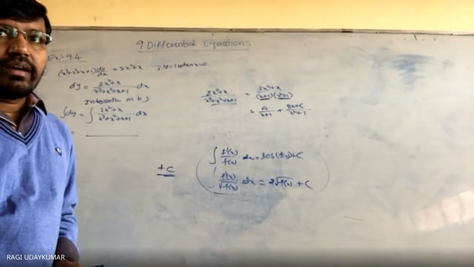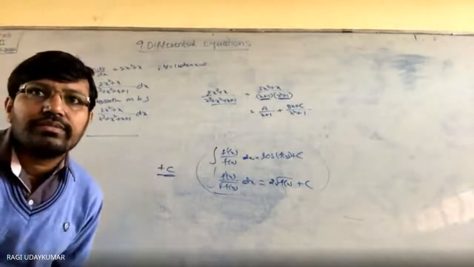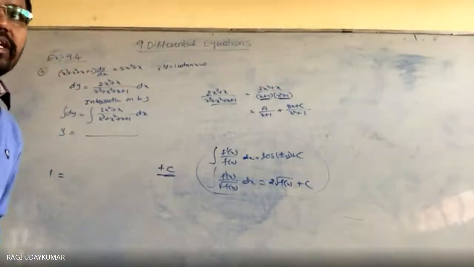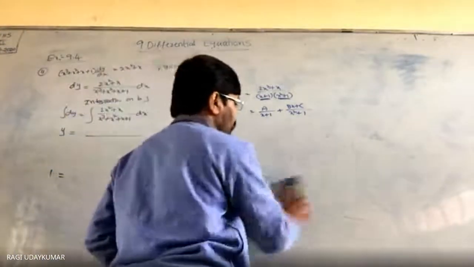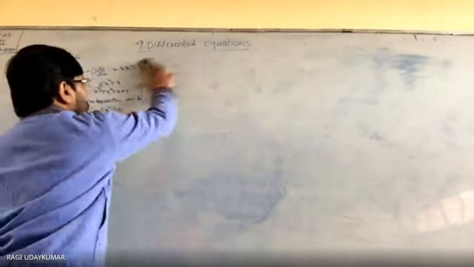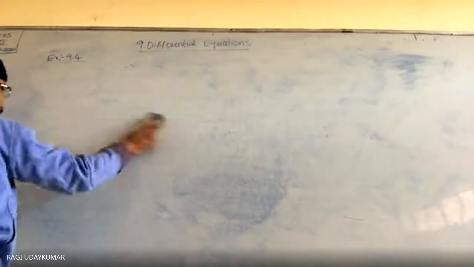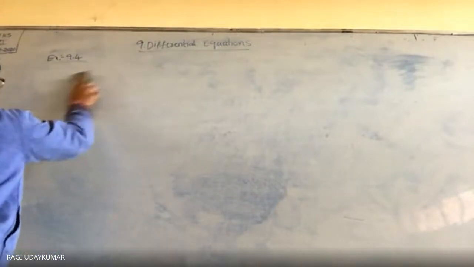Okay. So let us go for the next question. The 15th, yes, the 15th can be done. Substitution. Okay, I will explain the 15th problem. So what is the question given? Find the equation of the curve passing through the point 0, 0, and the differential equation is given.